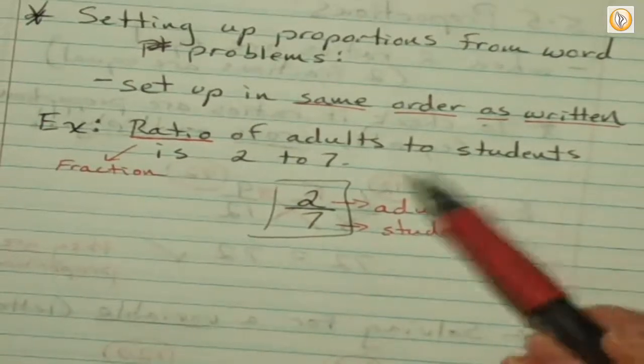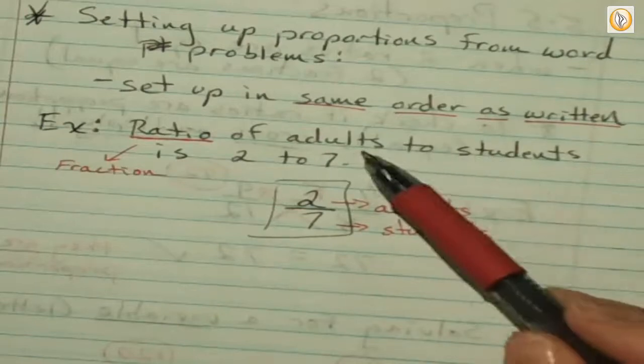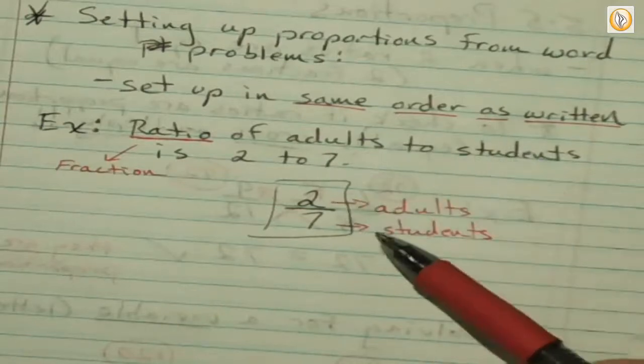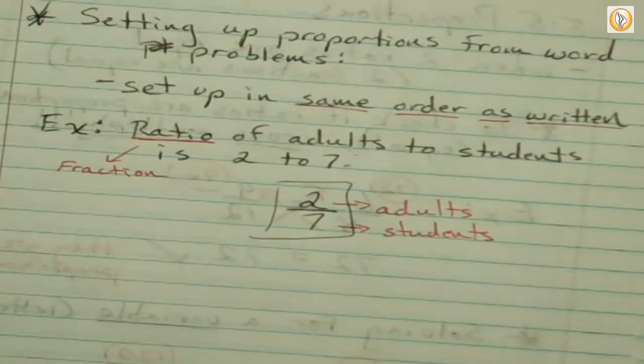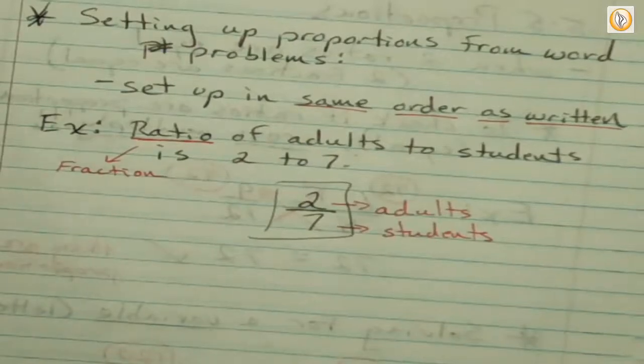So they said adults to students, so adults is going to be on top, students are going to be on the bottom. Doesn't that mean it could also be 4 adults and 14 students? If we had equivalent, yes.